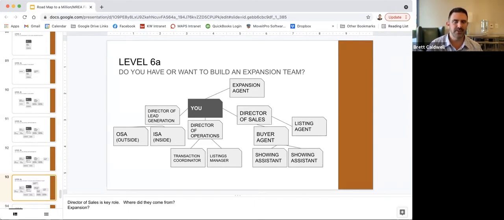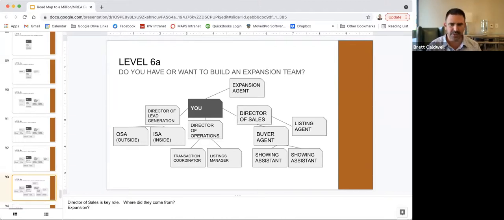And expansion takes the 4 walls around your business away and says, we can go wherever you want to go. And one of the best examples of this is an old commercial broker named Trammell Crow. He built his entire commercial real estate firm based on expansion, where he let people go start divisions of his company in different areas that didn't take away from the nucleus that he had already built.